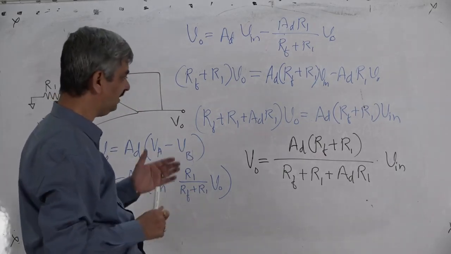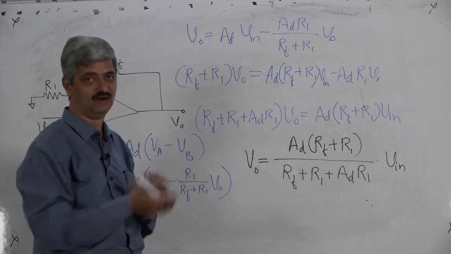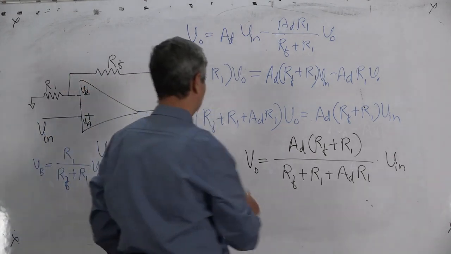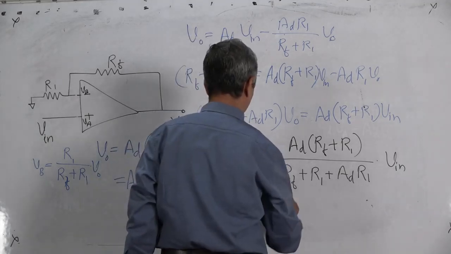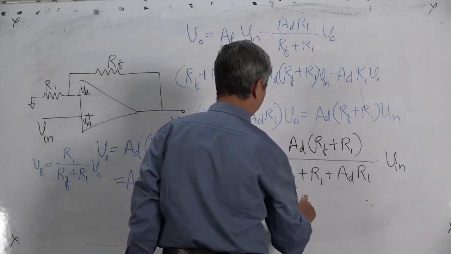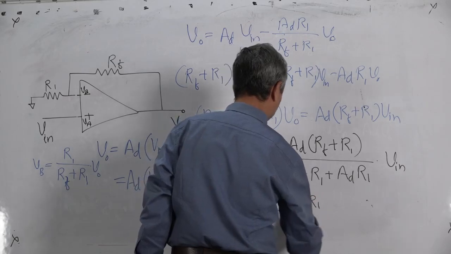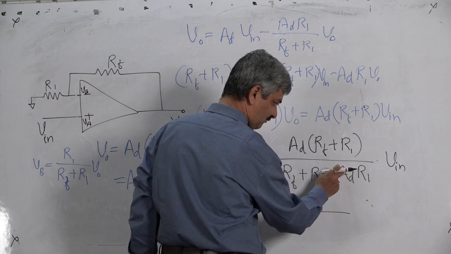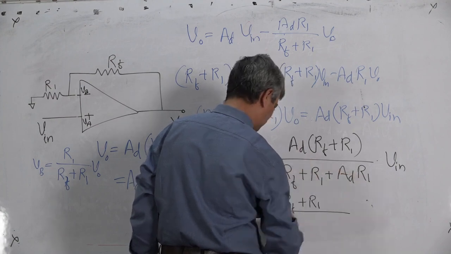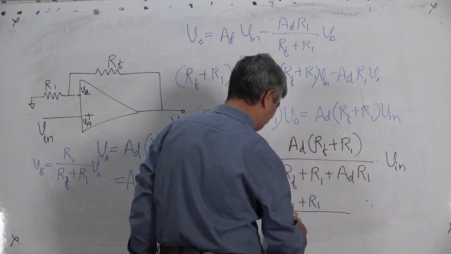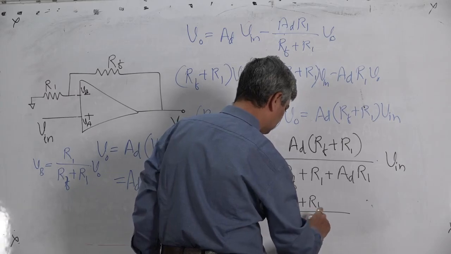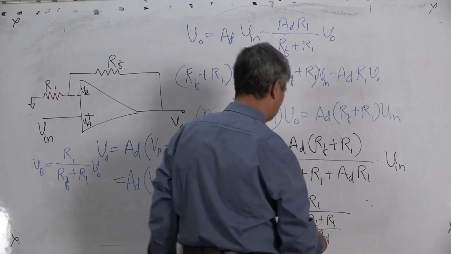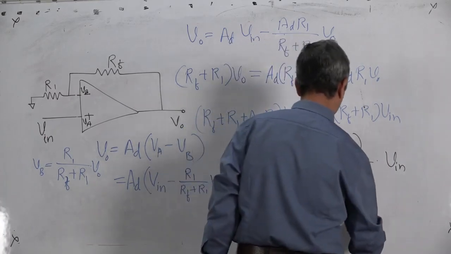Now, AD is quite large, around 1 lakh. So, divide numerator and denominator by AD. So, what do we get? VO is equal to RF plus R1 upon R1, since when divided by AD this becomes R1, plus RF plus R1 upon AD, into V in.